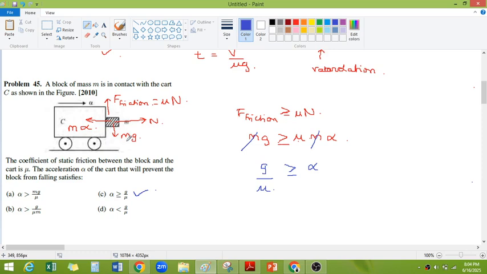So your friction should be greater than or equal to mg, because mg is pulling it downwards. The friction is mu into m alpha.